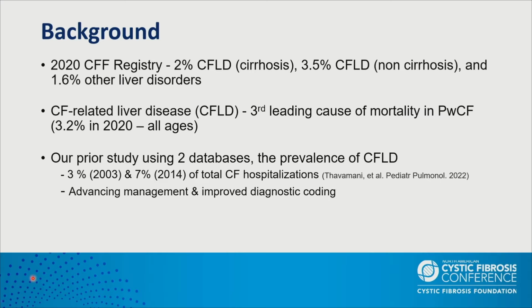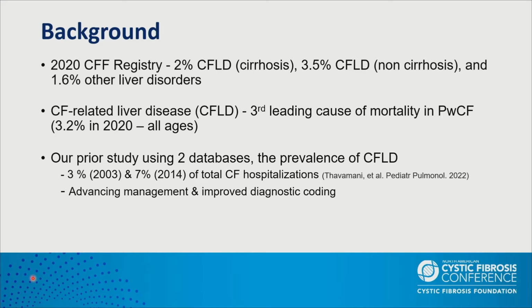And we did a similar study a few years back using a different database called the HCUP database, where we cannot individualize the patient, but we can see the hospitalizations. Based on that, we noted that in 2003, CF liver disease accounted for roughly 3% of the entire CF hospitalizations, which increased to 7% in 2014.